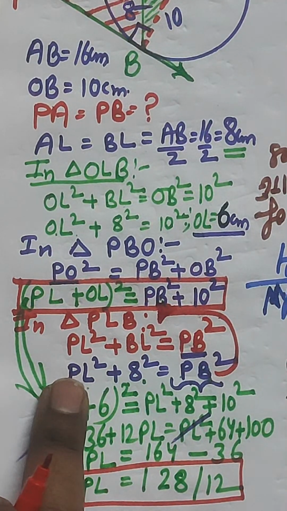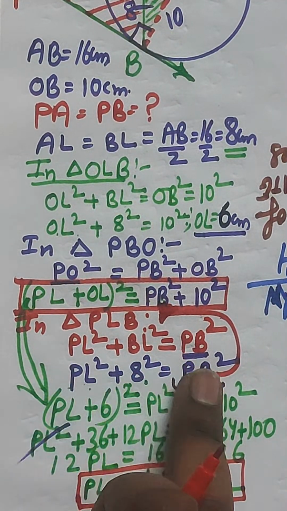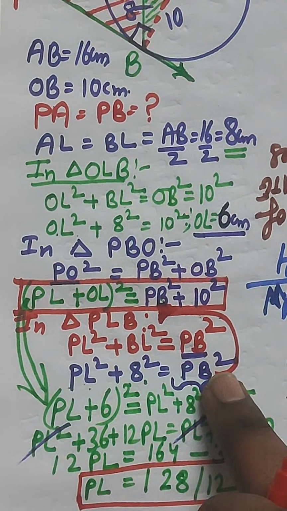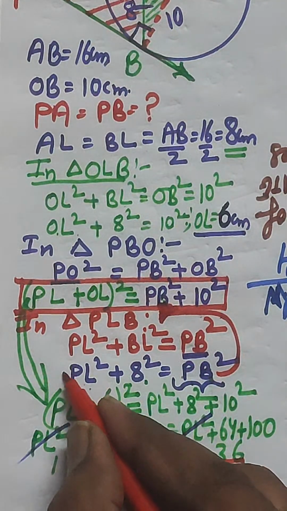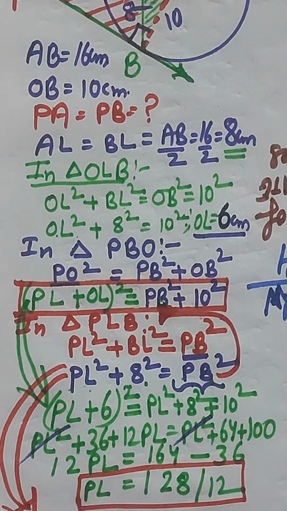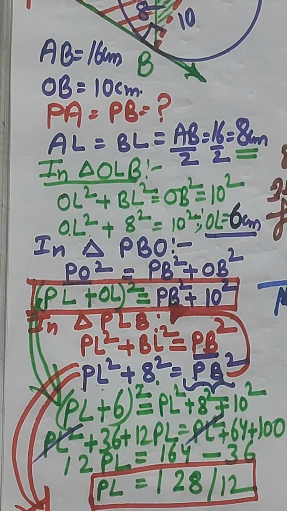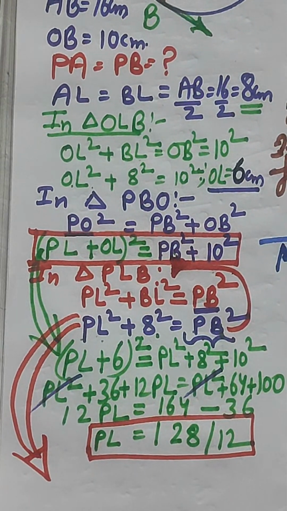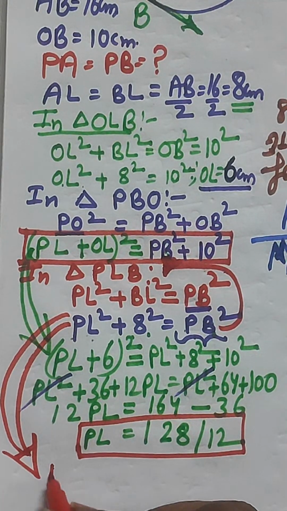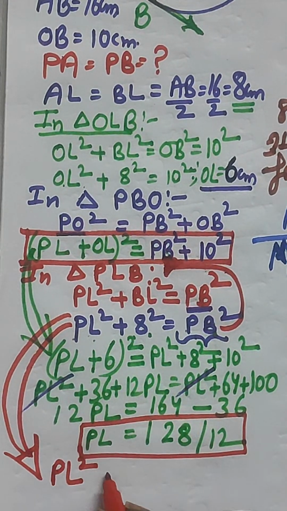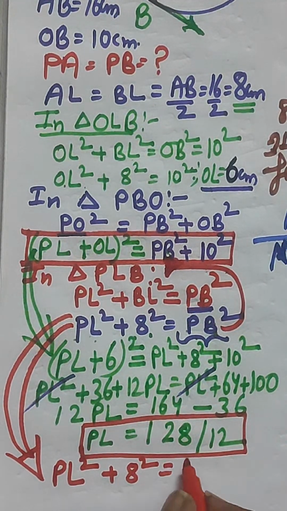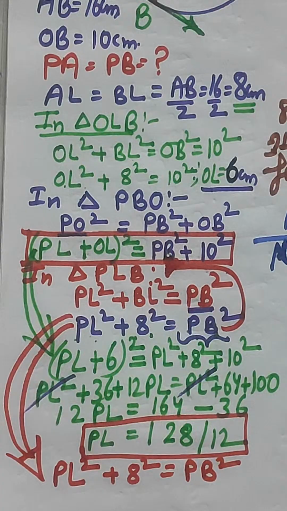Now we already have an equation, and if we know the value of PL, you can easily calculate the value of PB. You can use this equation over here: PL square plus 8 square is equal to PB square, right?